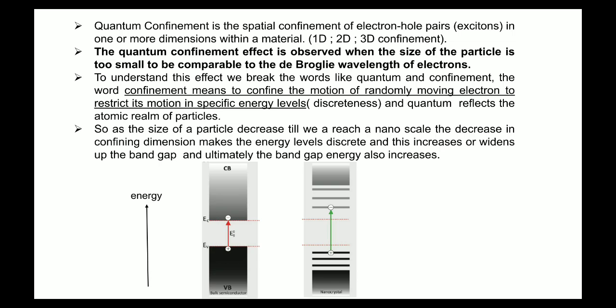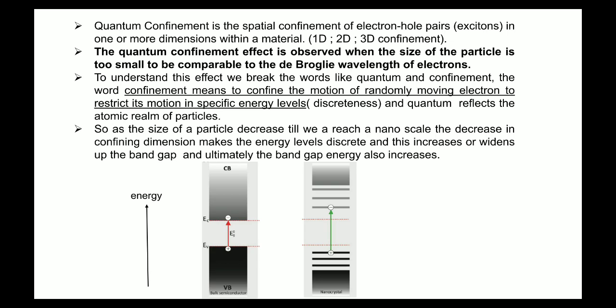So as the size of the particle decreases, last point of this slide, the size of the particle decreases till we reach the nanoscale. The decrease in the confining dimension makes the energy levels discrete. So the energy levels become discrete, and this widens the band gap, and ultimately the band gap energy also increases, because the number of atoms reduces.